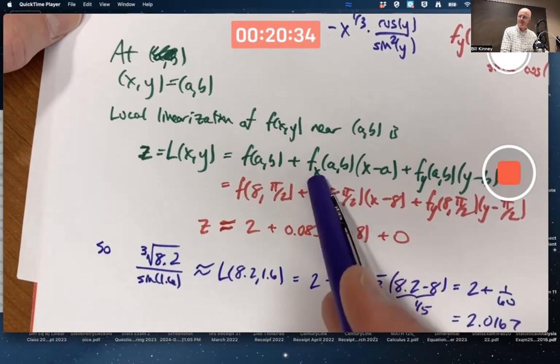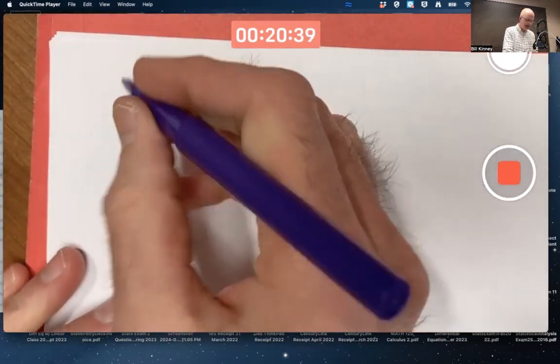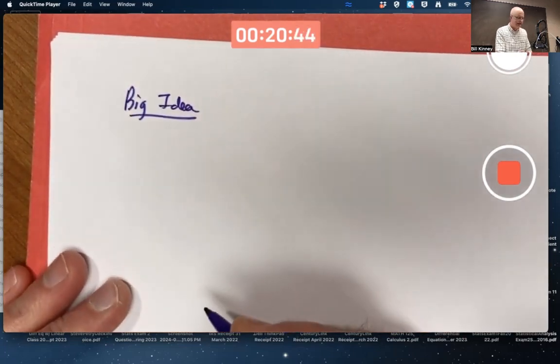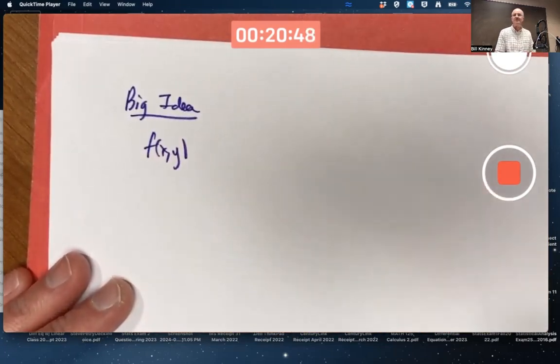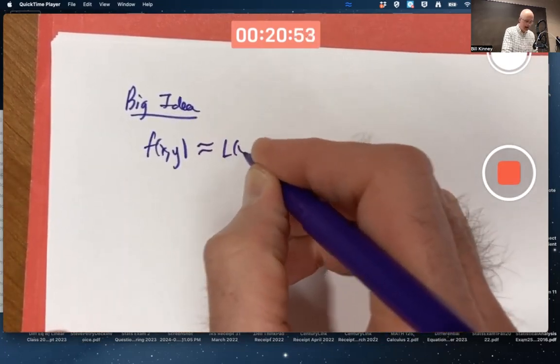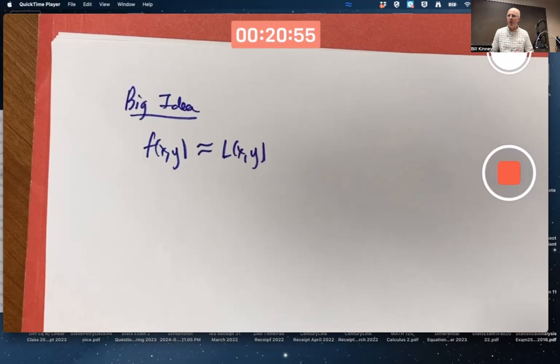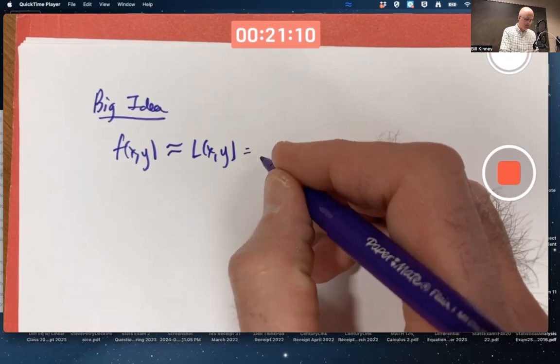Let me rewrite this. So the big idea here is that your function f of xy can be approximated by a linear function, L of xy, near some point AB, where the function f is nice. Then the question is, what does nice mean? Let's rewrite the formula for L of xy.